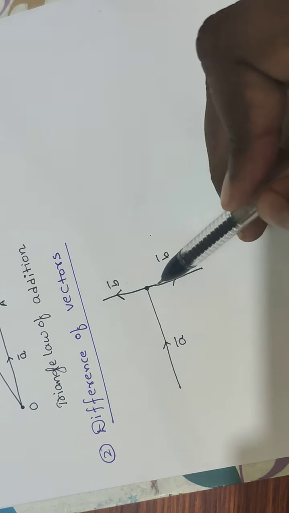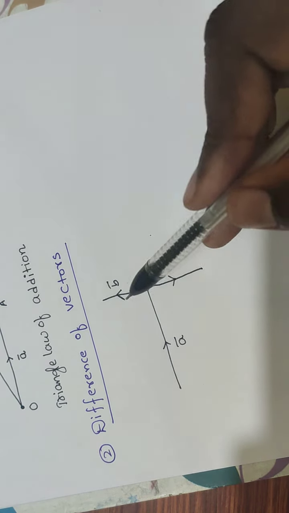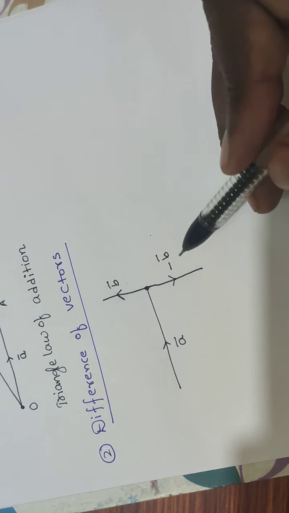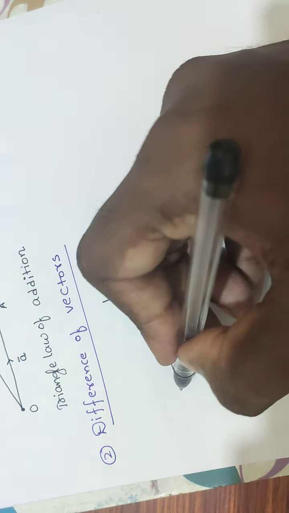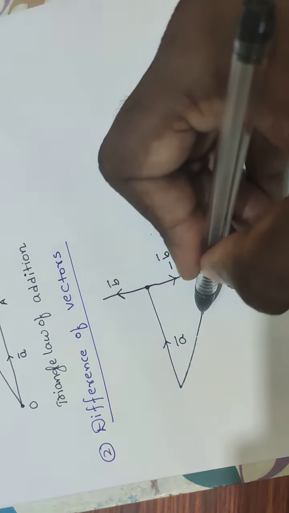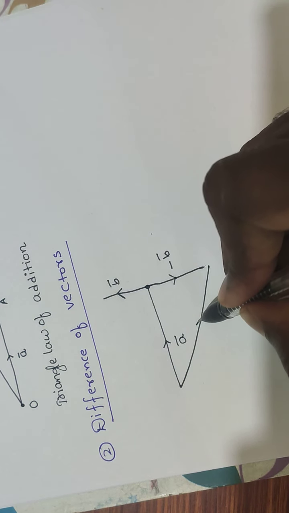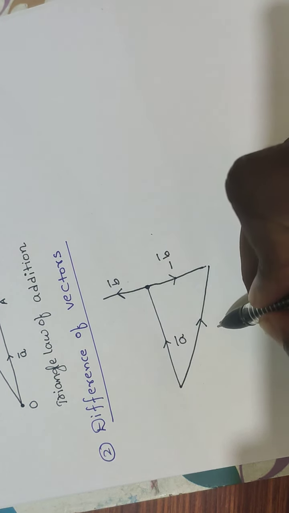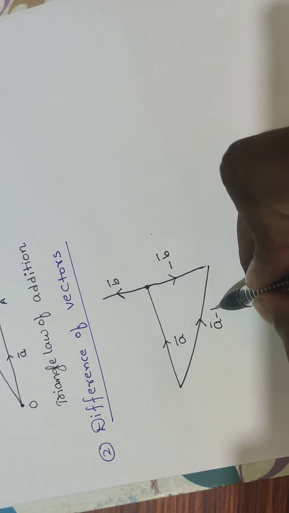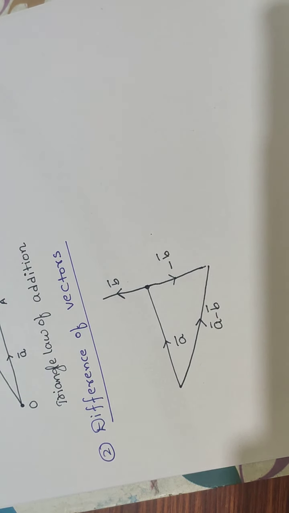This is upwards, that's why B bar. This is downwards, change the direction, that's why minus B bar. This is the resultant vector. This resultant vector can be written as A bar minus B bar. This is addition and difference of vectors.